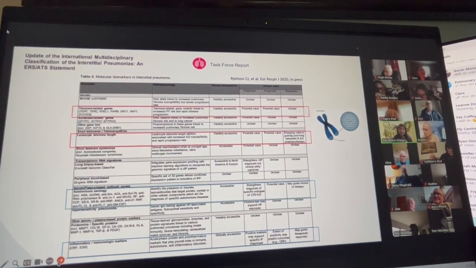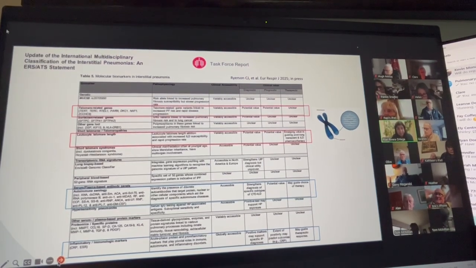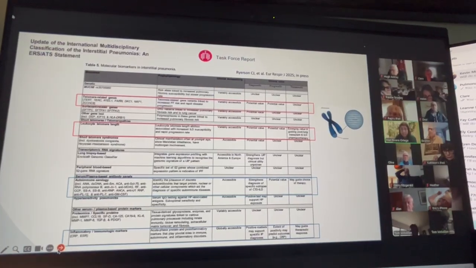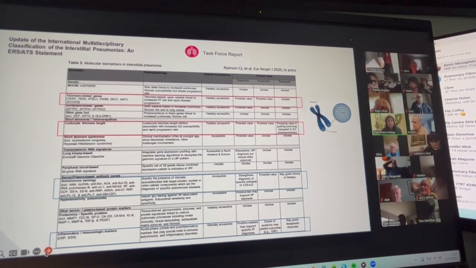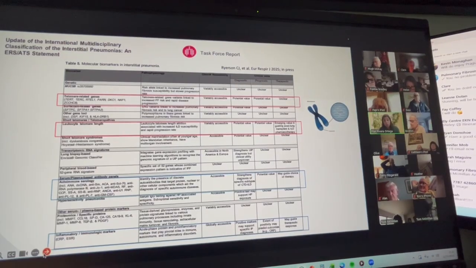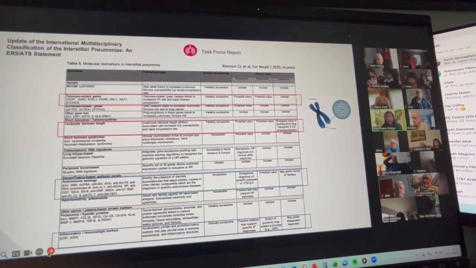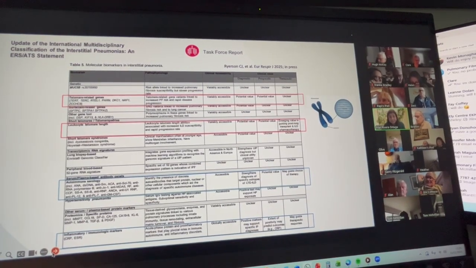What that means is this is the present. Precision medicine in ILD is the present, not the future anymore. What is the problem? Not all clinicians, and I'm talking not only about the fantastic GPs or local respiratory consultants, not even all ILD clinicians, are familiar with genetics.